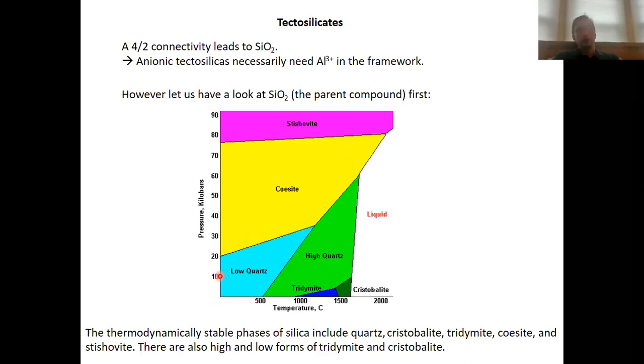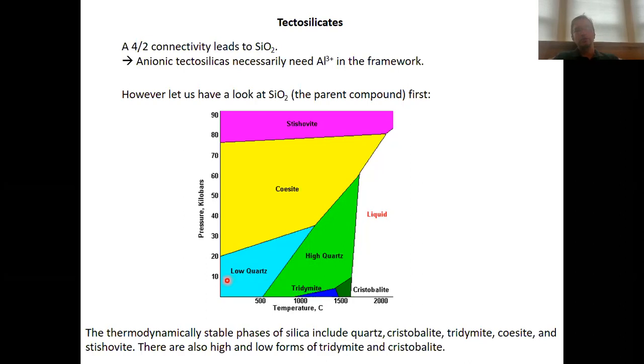It's called low quartz because it's the low temperature form of quartz. So that means there's also a high temperature form of quartz, which is called high quartz accordingly, which is shown here in green. You see that this form of quartz is stable at higher temperature and also in this region here at higher pressure. There are two other high temperature polymorphs of SiO2. That's tridymite.